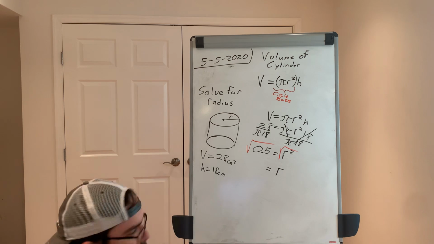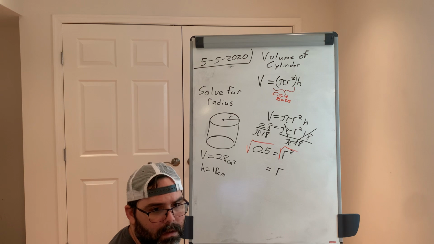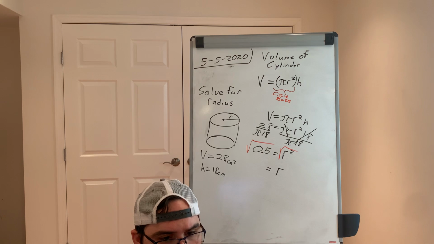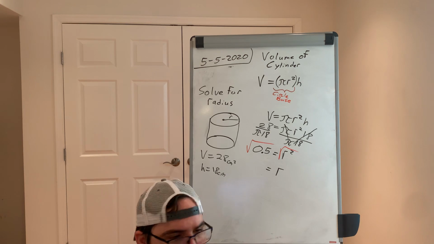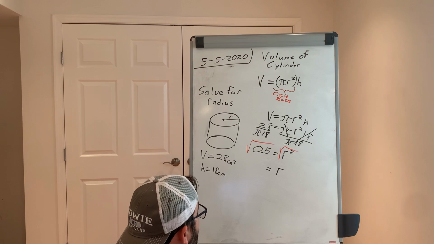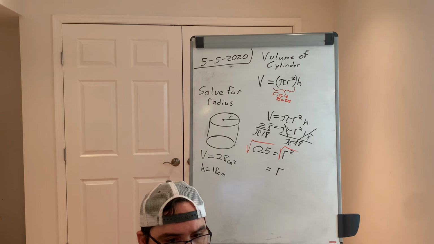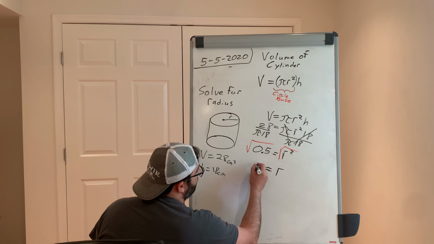And I get about 0.7. I'm sorry. How is that possible? 0.5. Oh, I squared it by accident. No, I didn't. It's 0.7. Yeah, it's 0.7. Okay. It's approximately 0.7.